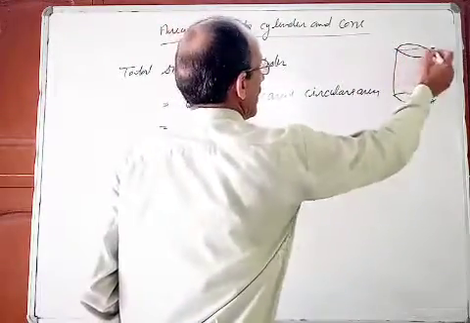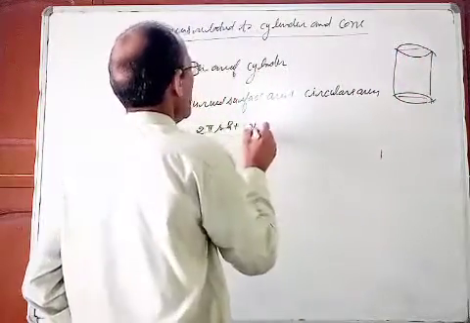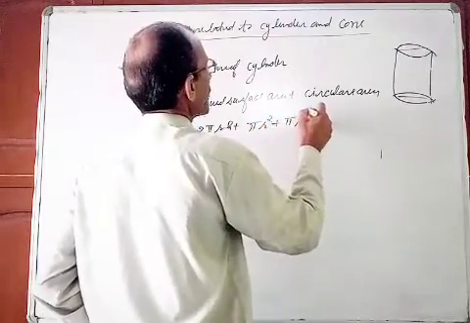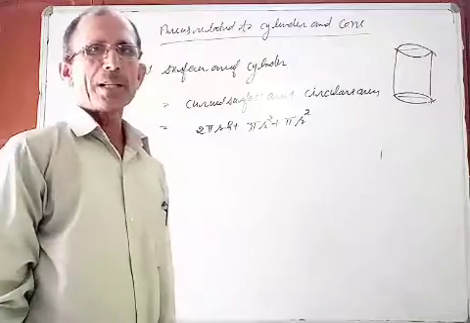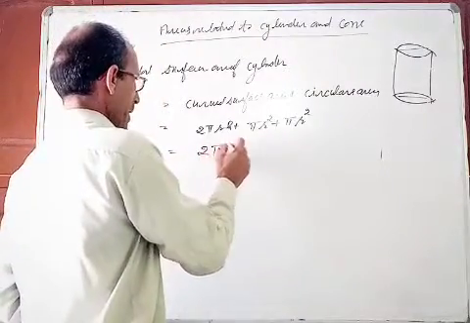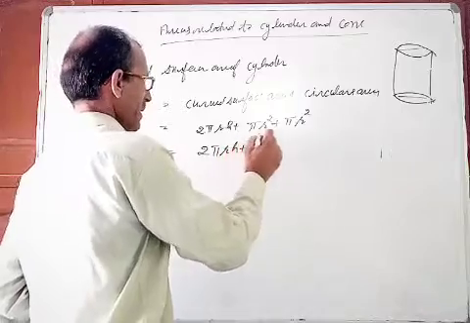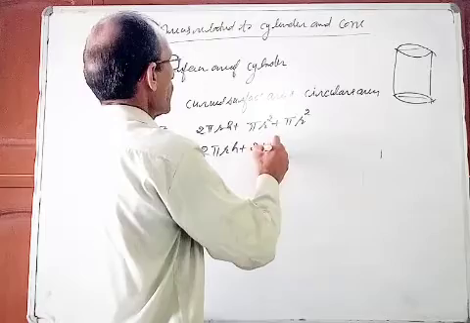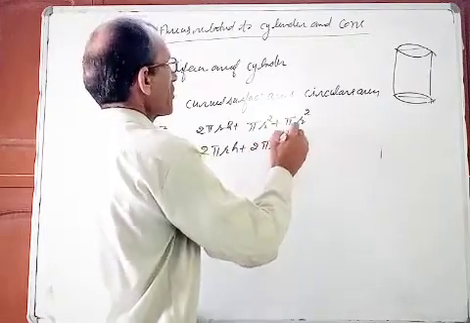There are two circles, each with area pi r square, so pi r square plus pi r square becomes 2 pi r square.